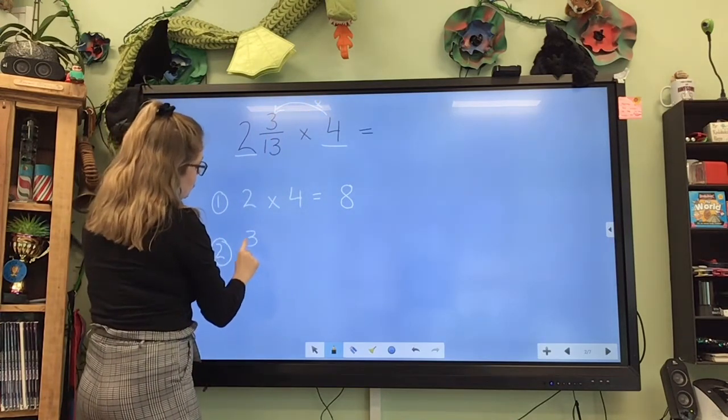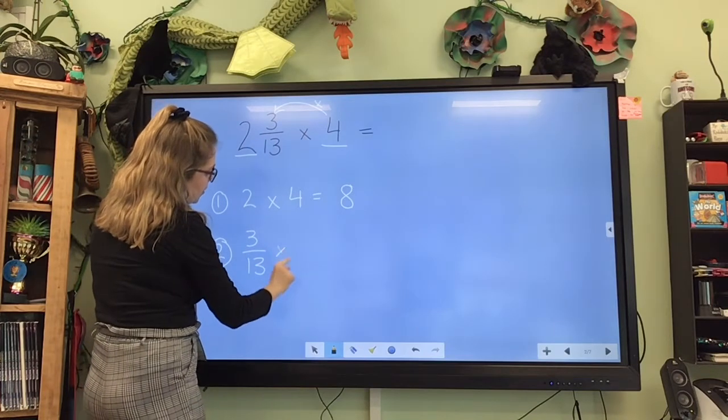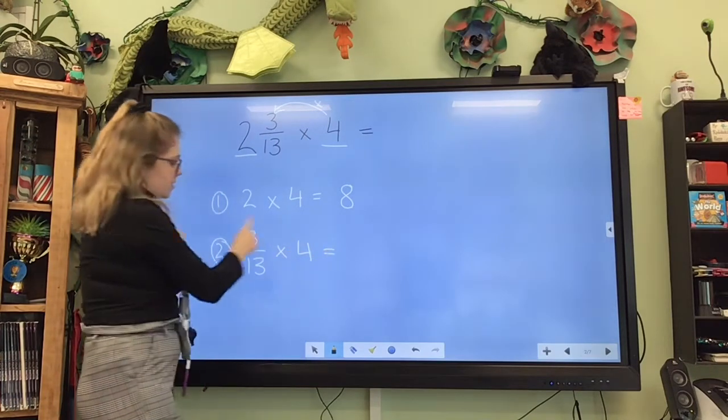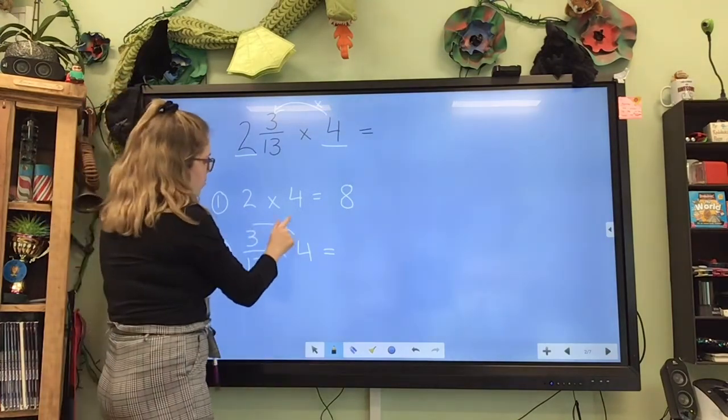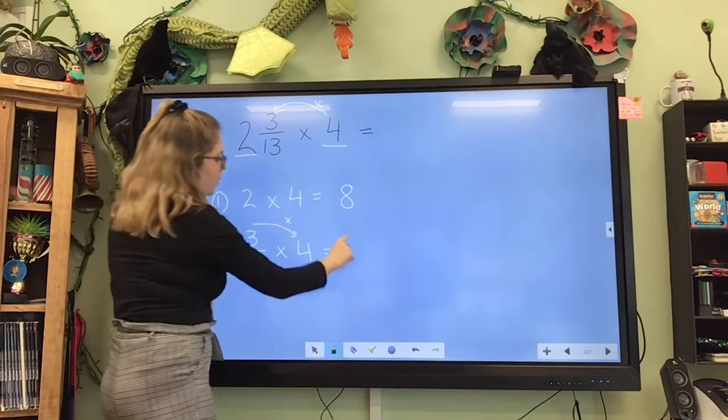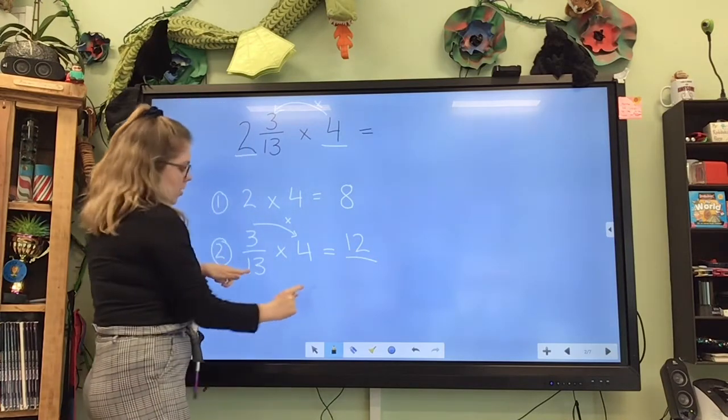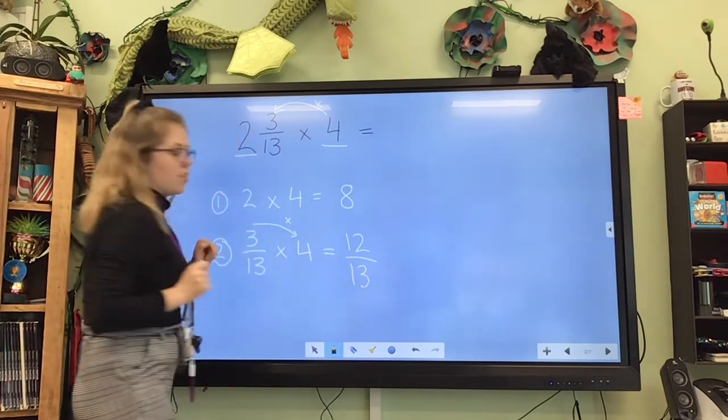We're doing 3/13 multiplied by 4. And this is a number sentence we recognised from yesterday. So all we're doing is we're multiplying the 3 by 4, which is 12, and we've already got our denominator, so 12/13.